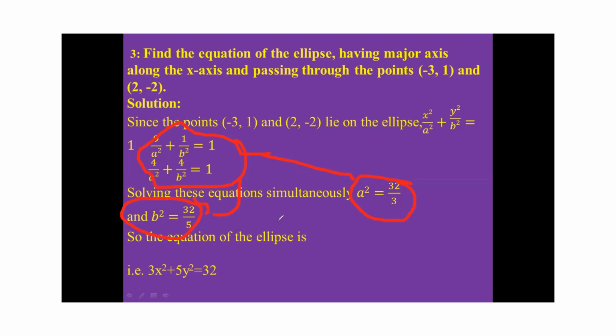So the equation of the ellipse is 3x squared plus 5y squared equals 32.